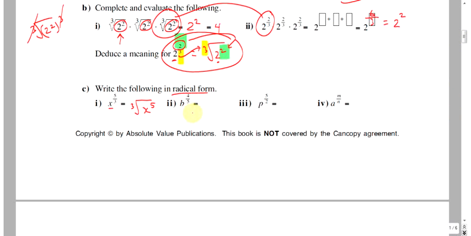But let's just do a couple more. I want to write this as a radical. The bottom number, put it as the index. The top number, put it as an exponent. How am I going to write p as a radical? What do I do? Who's got it? Taylor?